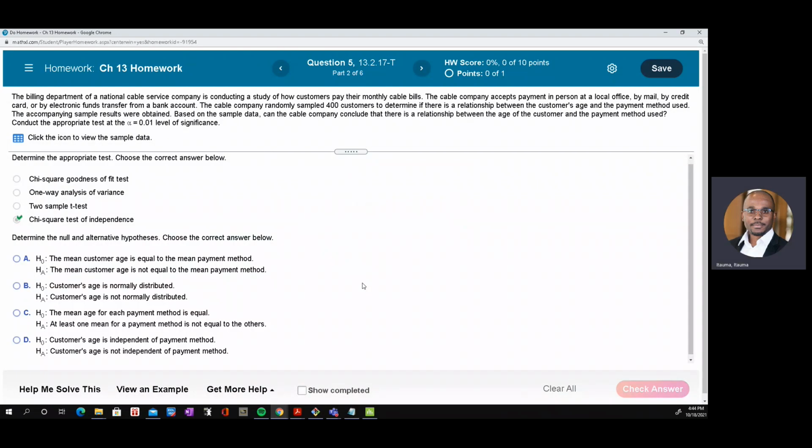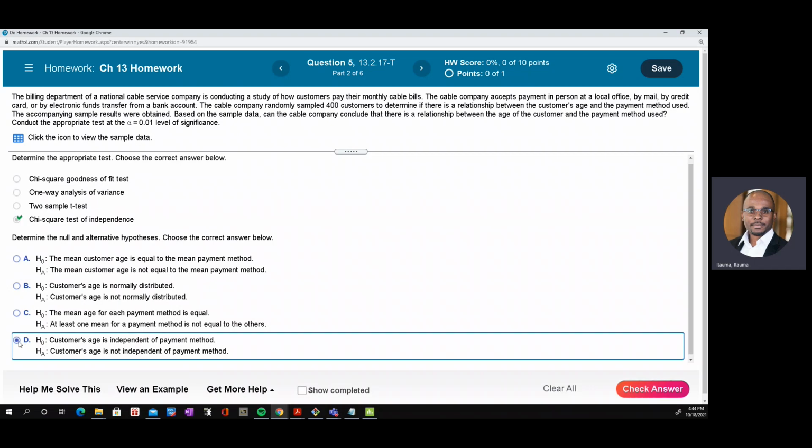Now, the first thing to do is to formulate the null and alternative hypothesis. The null hypothesis states that the customer's age is independent of payment method. And the alternative hypothesis is that the customer's age is not independent of payment methods.